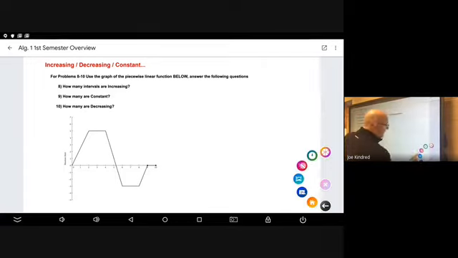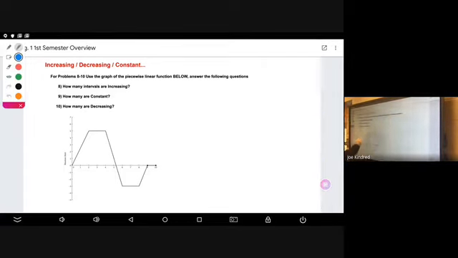Also in that first section, we talked about increasing, decreasing, and constant, and just a quick review, just by showing you here on the screen. If a function is increasing, that means as we move in that direction, the numbers are getting higher. And so this is increasing here.